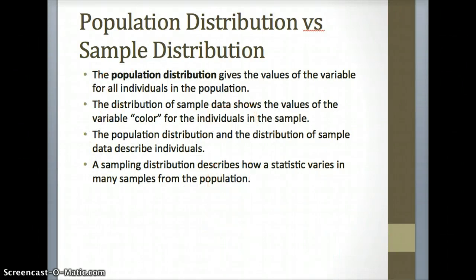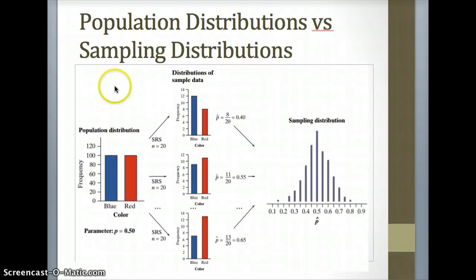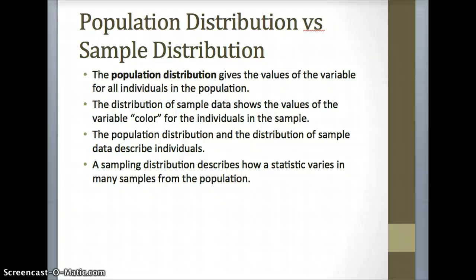So just some important things here. The population distribution gives the values of the variable for all individuals in the population. The distribution of sample data shows the values of the variable, in this case, it would be color, for the individuals in the sample.